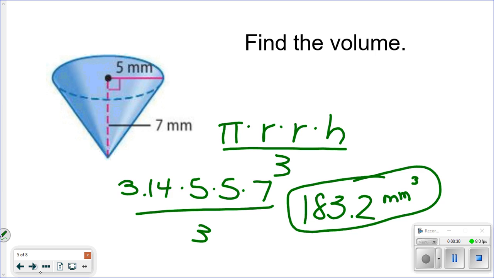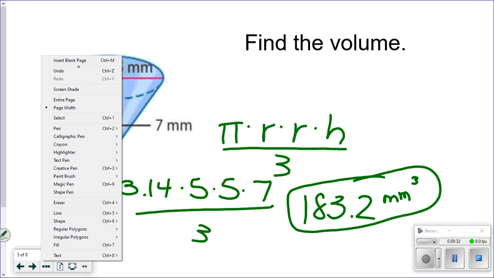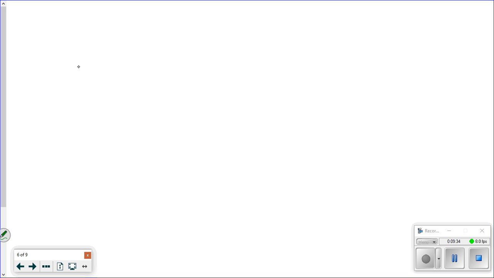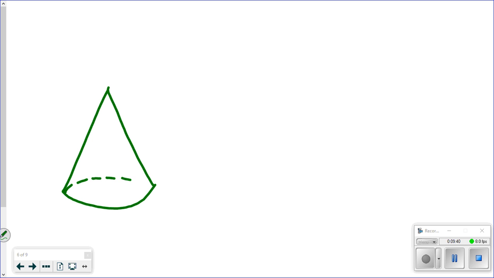All right. Let's try another one. I'm going to add another cone, so we at least have 2 for everyone. Let's do the cone this side this time. Okay, there it is.